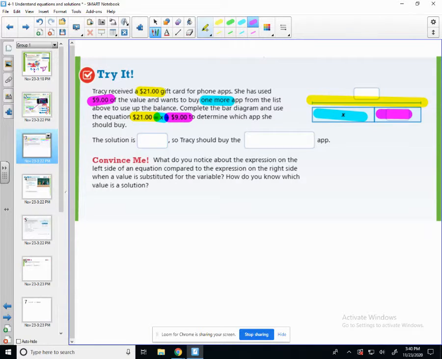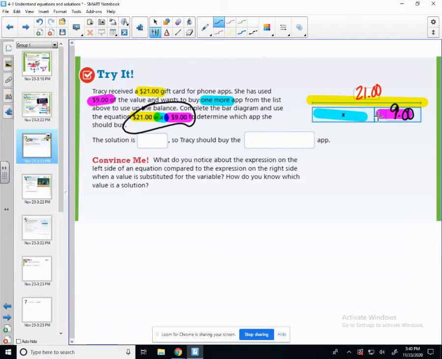So let's fill it in. What goes up here in this top one? Good, $21. What goes in the red? $9. So to set this up, we have our equation right here.